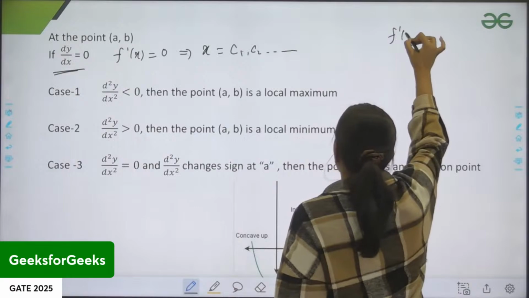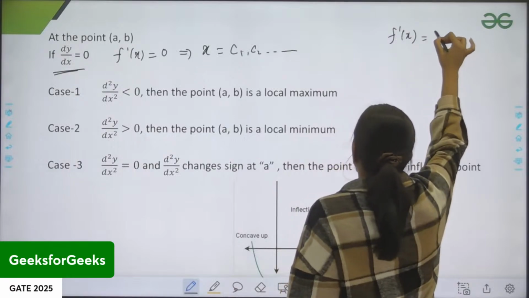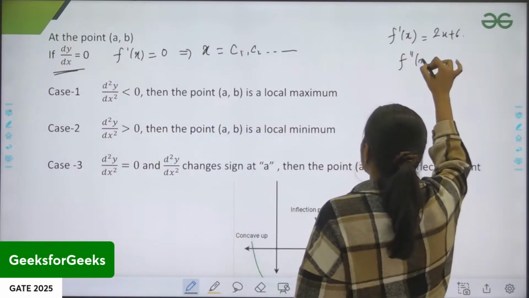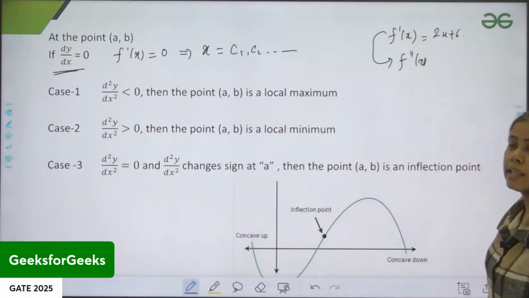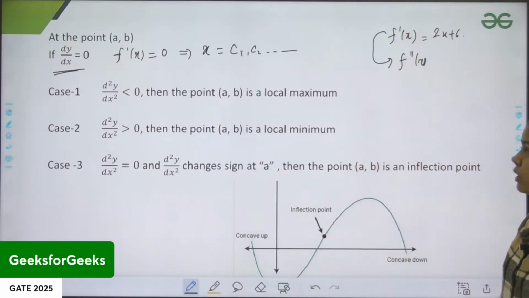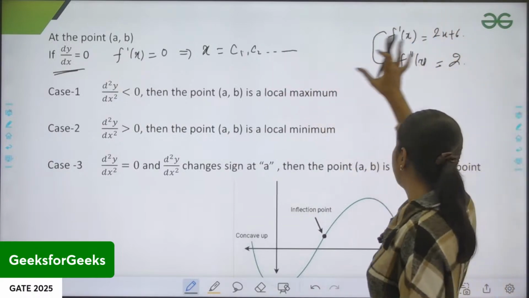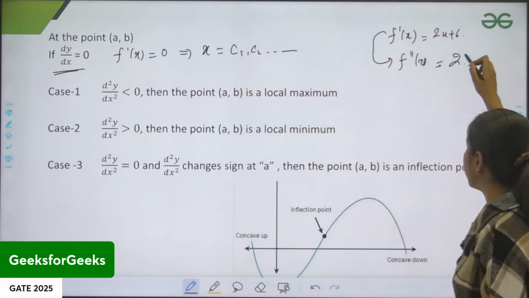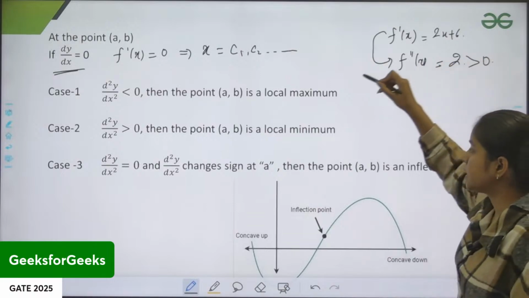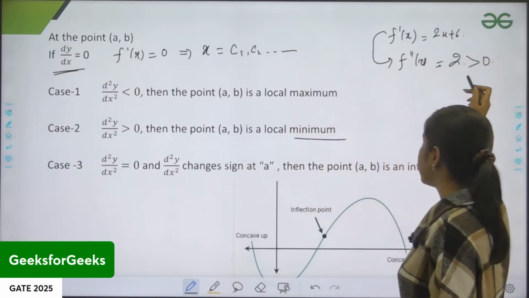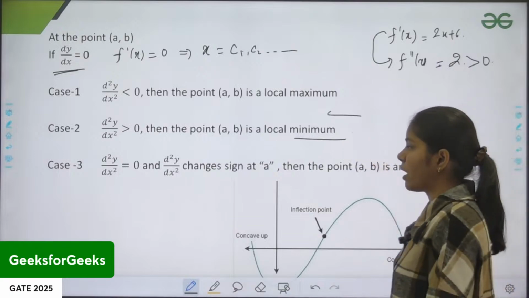If I found f dash x, a function like 2x plus 6, I'll take f double dash, that means I'll differentiate this function again, and this is my double derivative, that is 2. I'll check this function's sign at x equals c1. If it is greater than 0, then it is a local minima, and if it is less than 0, then it is a local maxima.